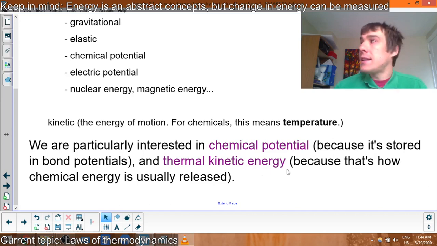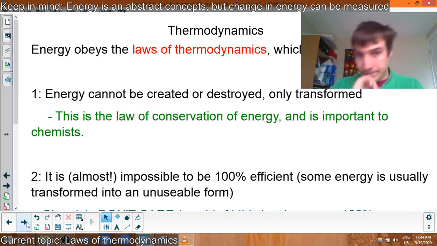And thermal kinetic energy, because that's how chemical energy is usually released. If you burn something, you're changing the chemical bonds, and that changes the temperature, and it makes things jiggle a lot more because you're releasing that chemical potential as thermal kinetics. We're always going back and forth between thermal kinetic and chemical potential.